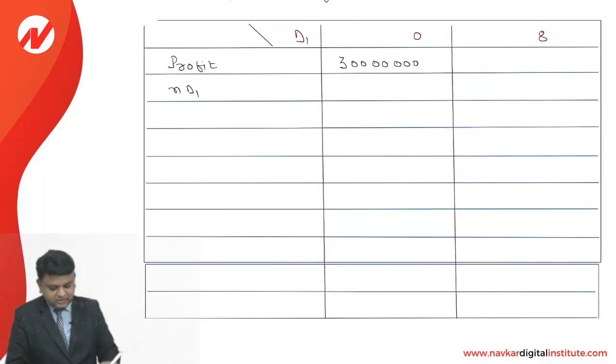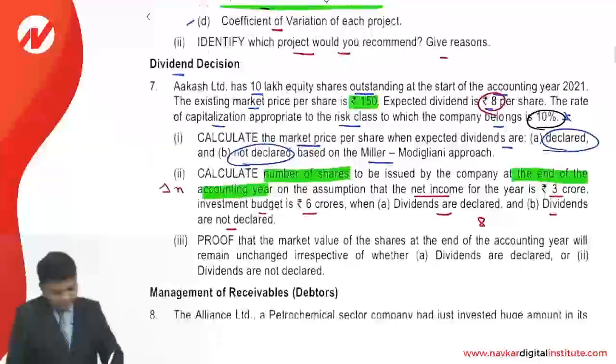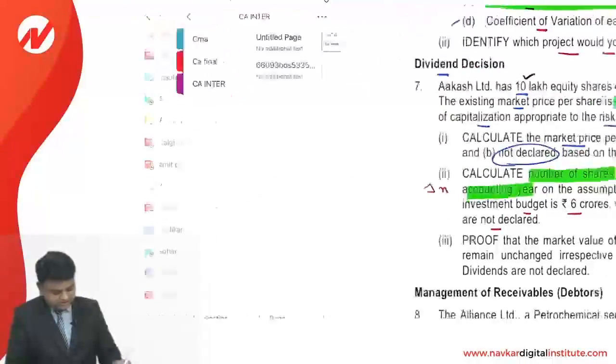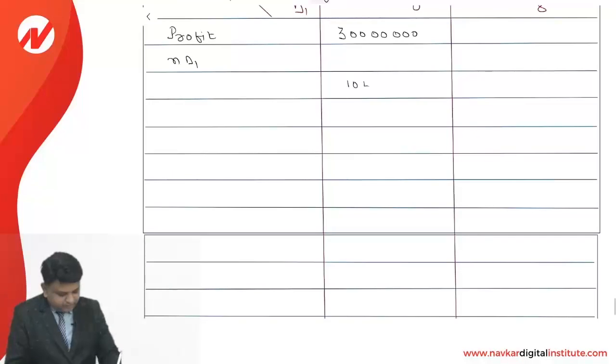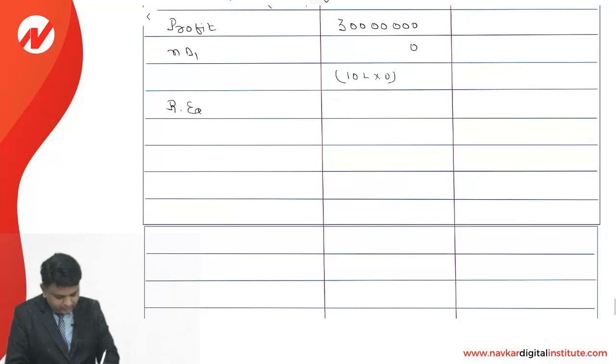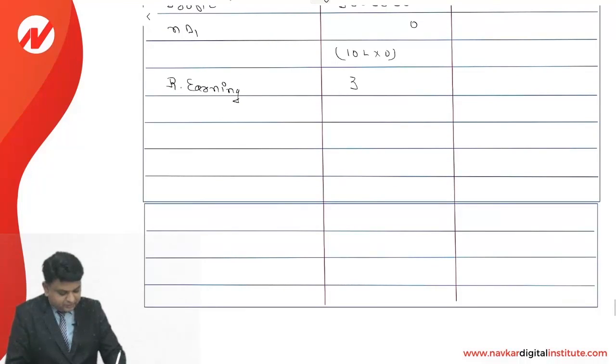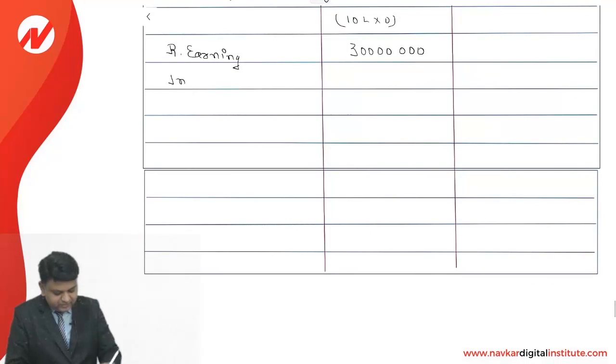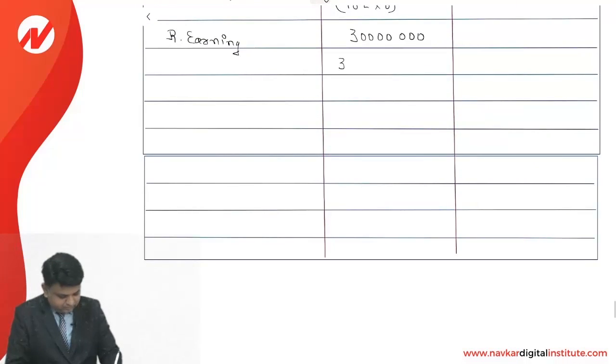D1 is the dividend paid to the existing shareholders at the end of the year. 10 lakh is the number of shares and no dividend is paid in the first case. Retained earning, that is plowback of the income, is an amount of 3 crore once again. Amount of investment is going to be an amount of 6 crore.